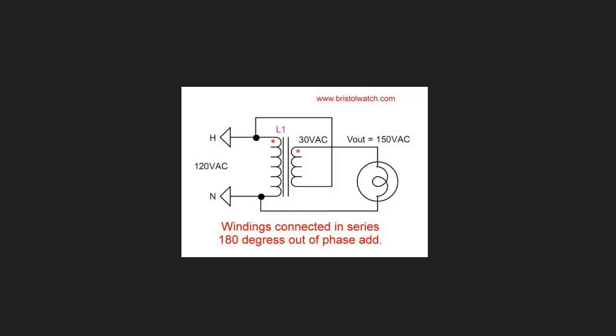The current is not restricted, shall we say. There's no bucking of the current, and therefore the secondary coil adds to the total number of turns, which effectively increases the voltage. It's just a step-up transformer, basically. It's one way to do a step-up transformer.